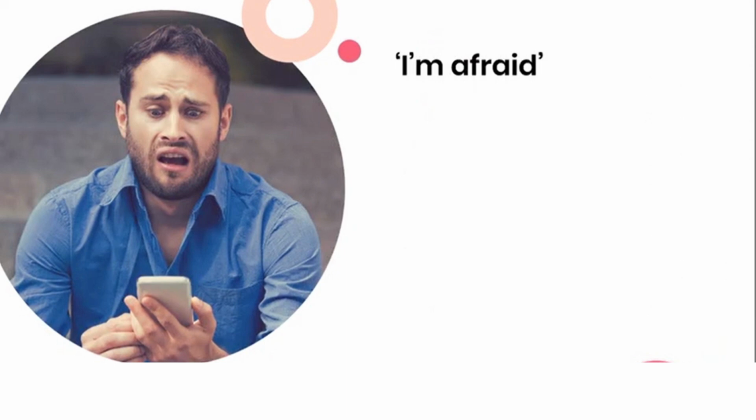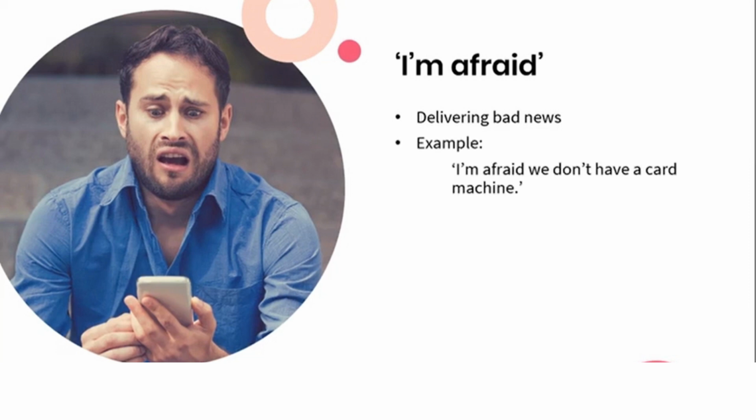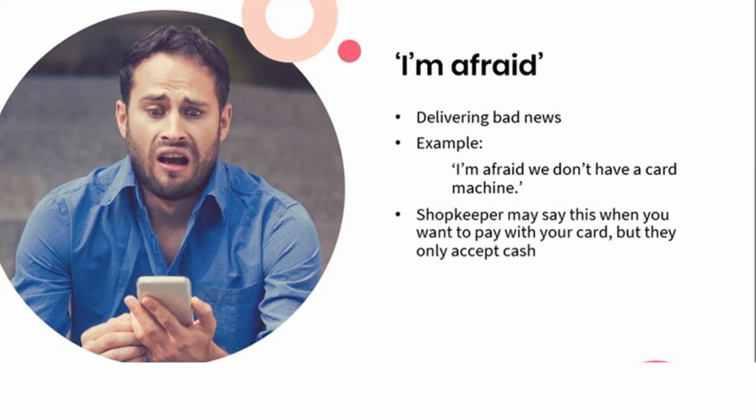Let's look at the next conversational phrase, I'm afraid. We usually use this phrase before we deliver bad news. For example, I'm afraid we don't have a card machine. A shopkeeper may say this to you when you try to pay with your bank card, but they only accept cash.